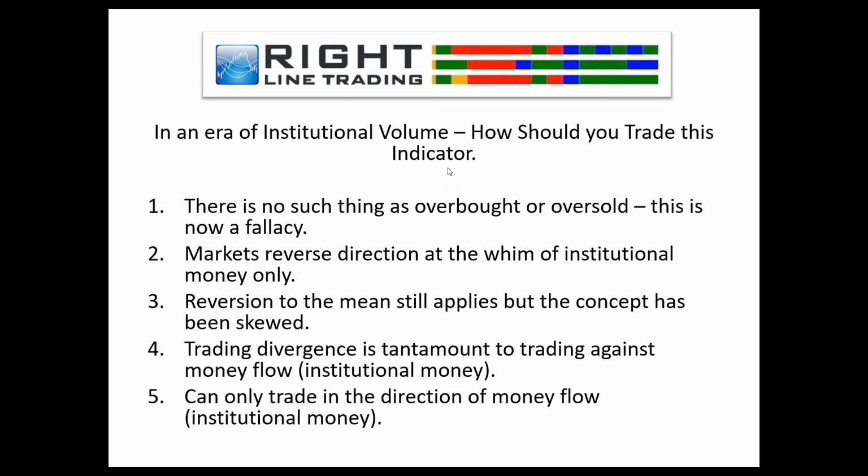I mean, this is now a fallacy. The market is going to become overbought when the institutional traders decide that it's overbought, when it will stop going up. There's no mathematical way to calculate oversold. The market is going to reverse off a bottom when institutional money steps aside on a move.